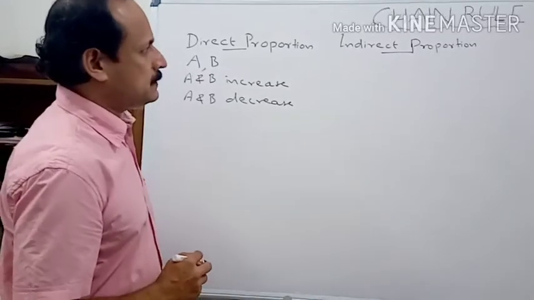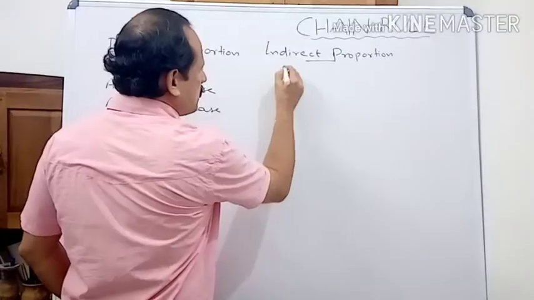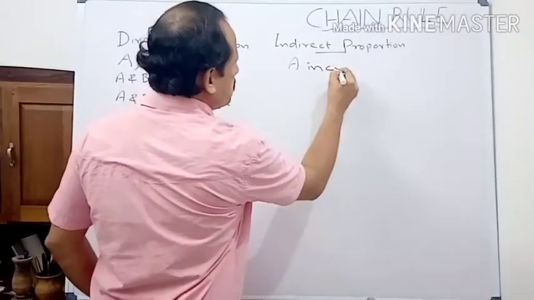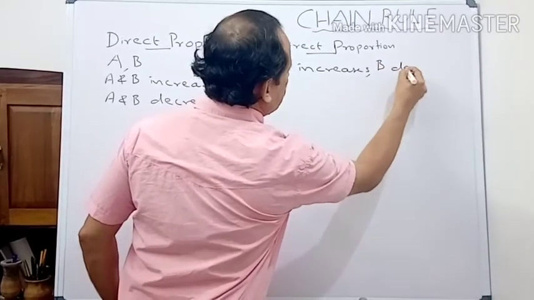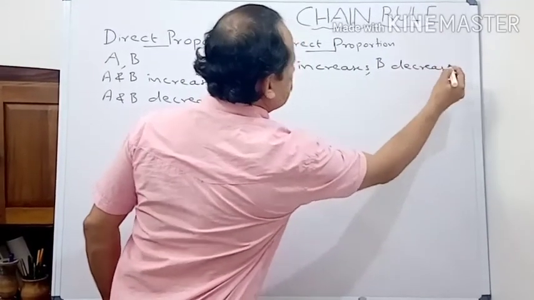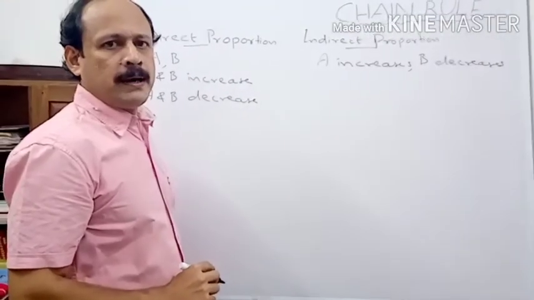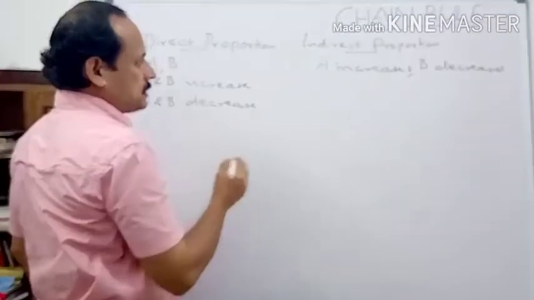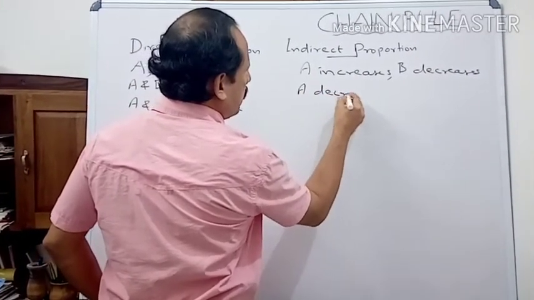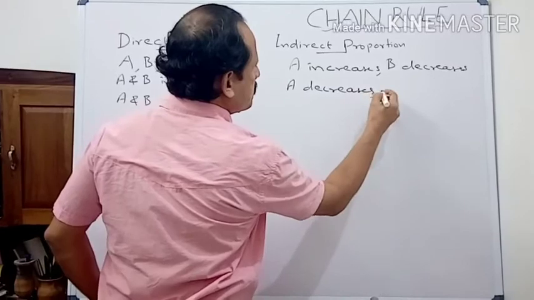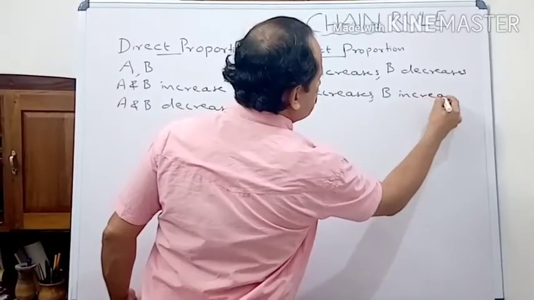Now let us see what is meant by indirect proportion. Assume that A increases but B decreases, then we say that A and B are in indirect proportion, or A decreases but B increases.